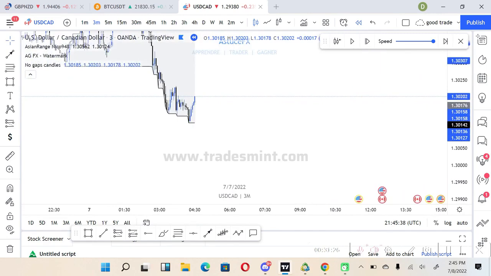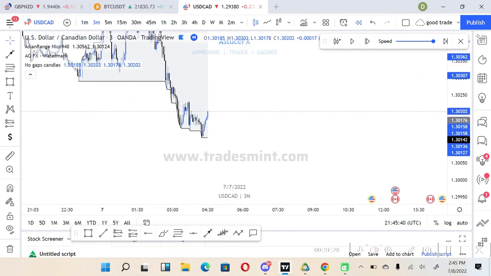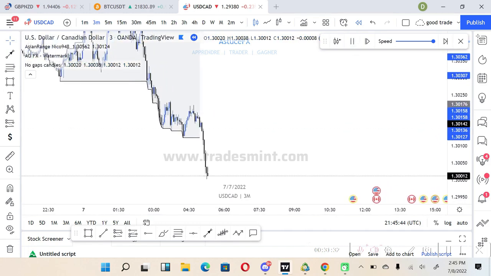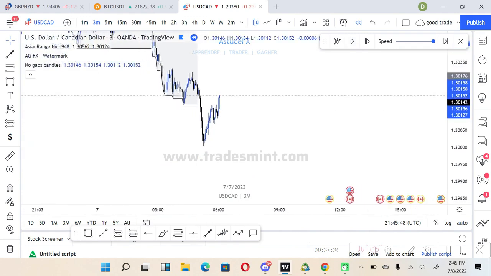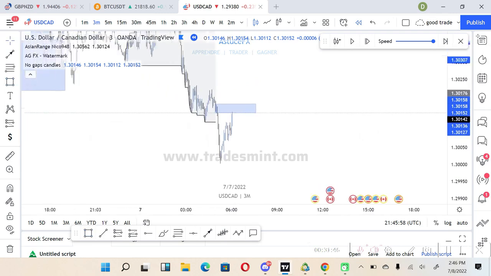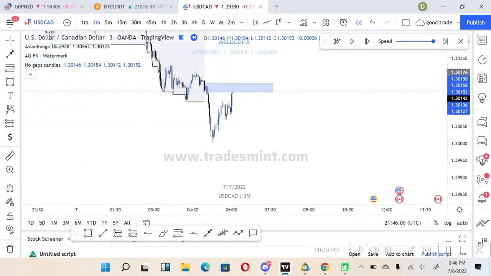As I know, the Asia low is actually liquidity, so I will not try to do anything yet. I will wait for the liquidity to be taken. Okay, the liquidity is now taken, and now you might flip to the upside, which means this supply zone, I'm not going to take the sell based on it, because price might just go to the Asia high.